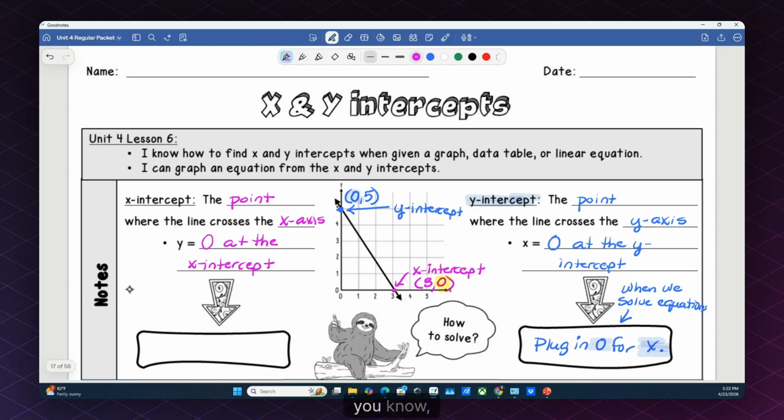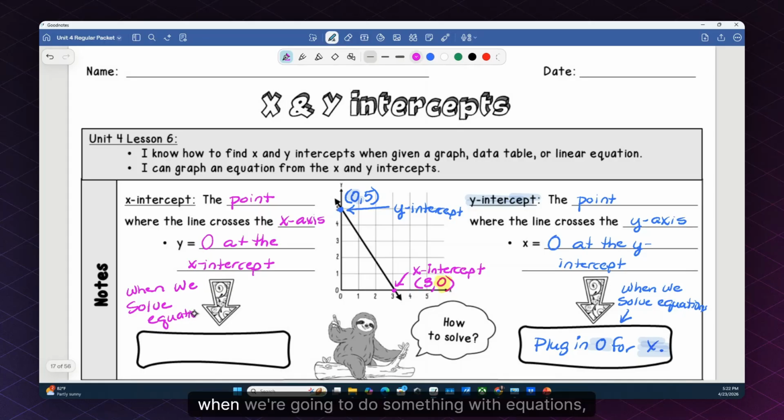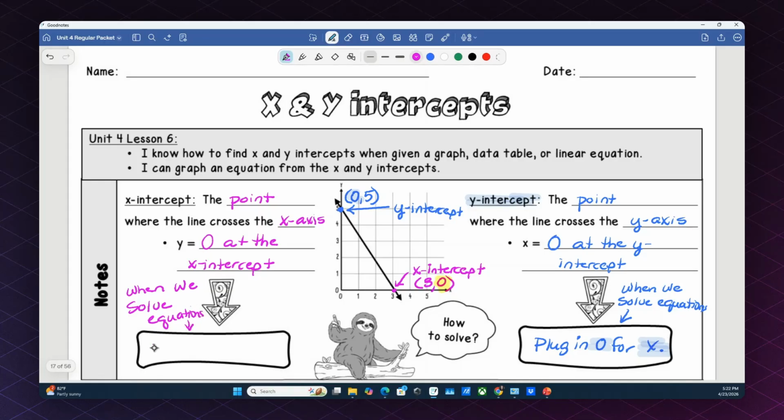So when we solve equations, we are going to plug in 0 for y.